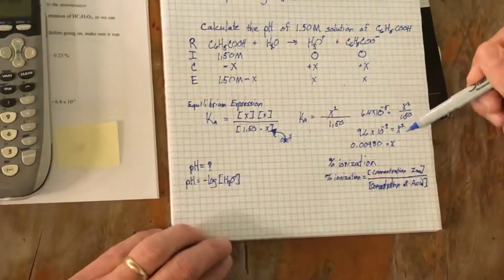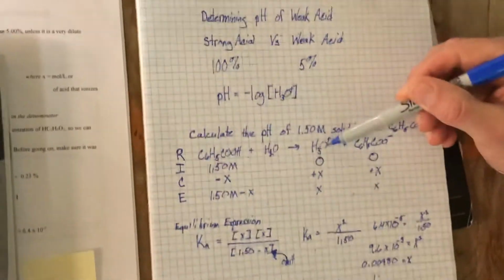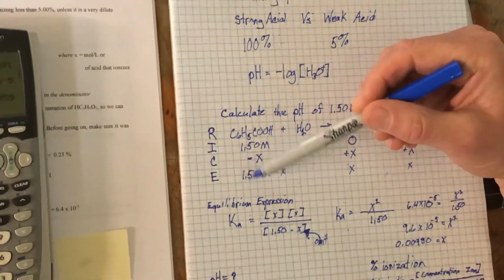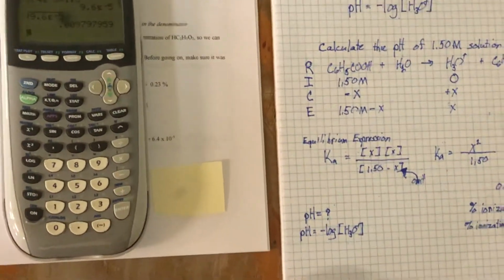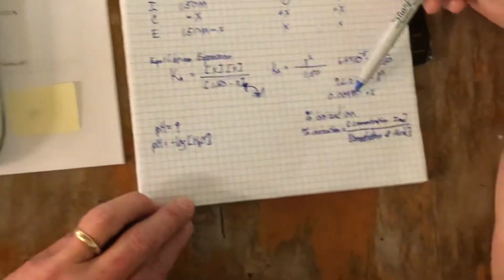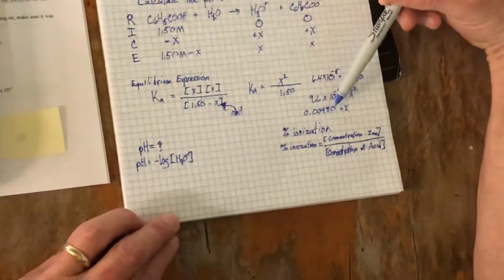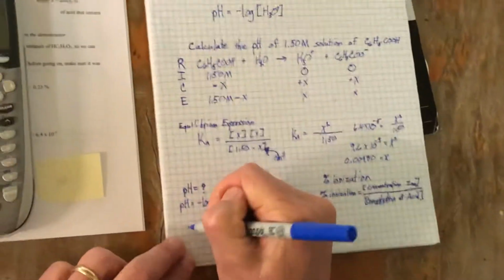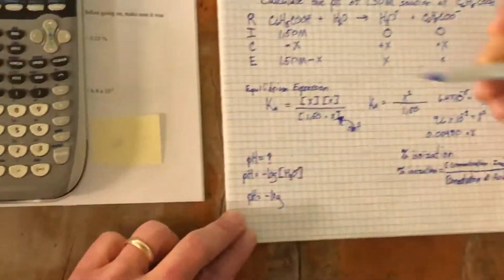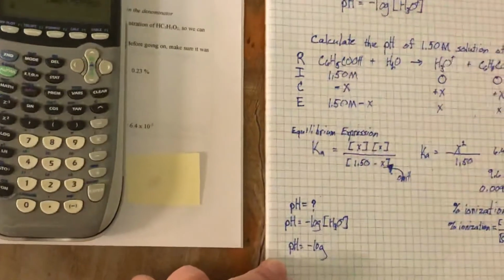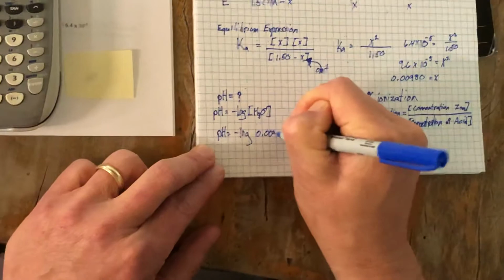So what is the x value? X is the concentration of hydrogen ions. So even though we started with a concentration of 1.5, only a few of them actually dissolved. So we only actually get 0.0098 dissolving. So this is the number of hydrogen ions that will contribute to the pH. So when I come back down here to solve for the pH, instead of using the concentration of the solution, like in a strong acid, I'm going to use the concentration of the x value that I found.